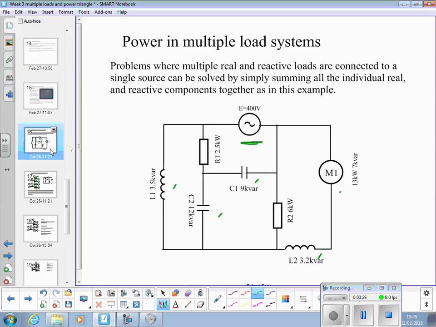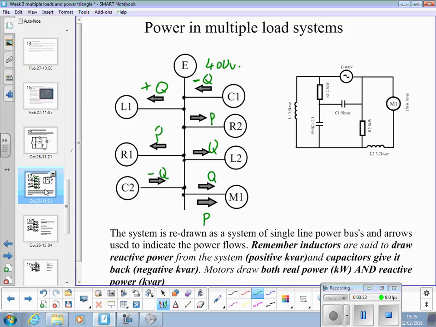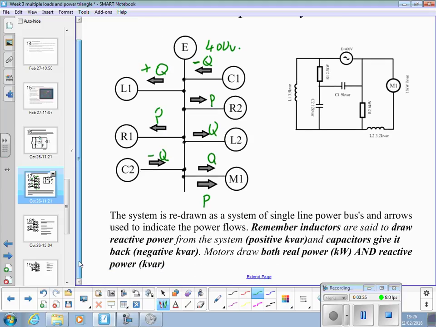But in this case I've put 13 kilowatts and 7 kVAR. So the system is redrawn as single line power buses with arrows indicating power flows. Remember, inductors draw reactive power from the system, positive kVAR. Capacitors give it back, negative kVAR. Motors draw both real power in kilowatts and reactive power in kVAR.